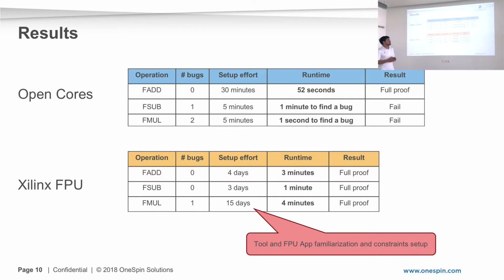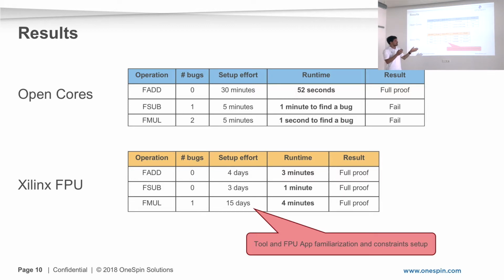For Xilinx, the design was more complex, so it also supported addition, subtraction, multiplication. You can see that there is a big discrepancy in the setup effort. Mainly this discrepancy is coming from the fact that the end user of that verified floating point arithmetic design was not familiar with formal.